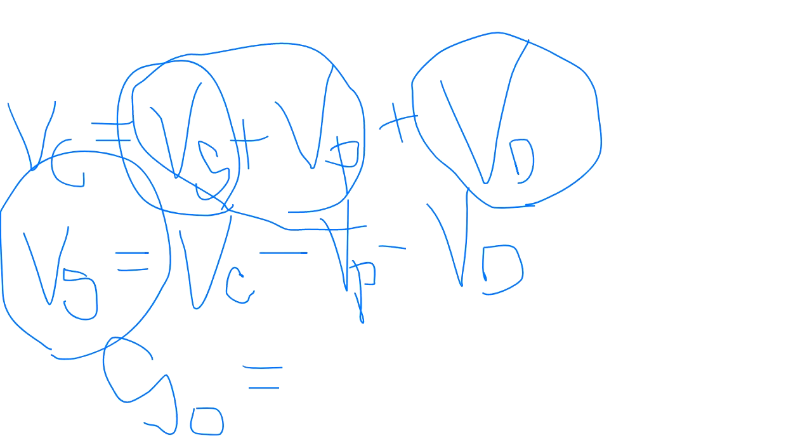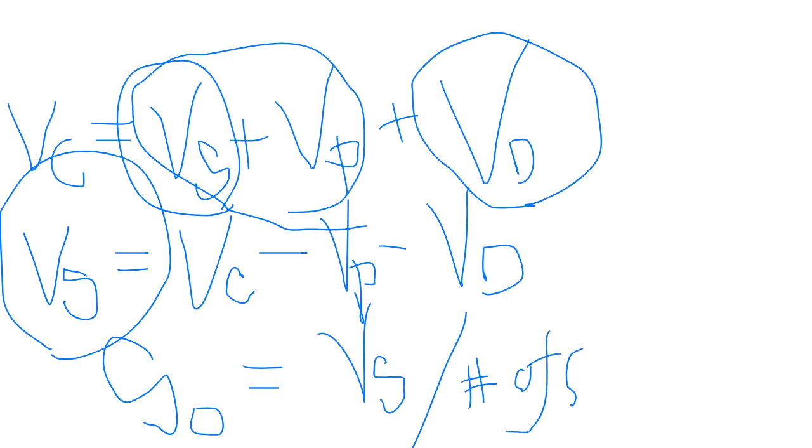So then all you need to do is simply divide the value of the common stock by the number of shares outstanding.